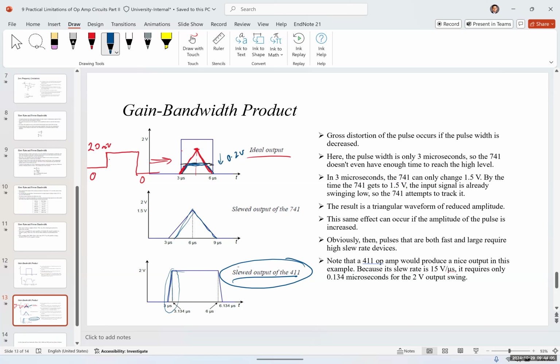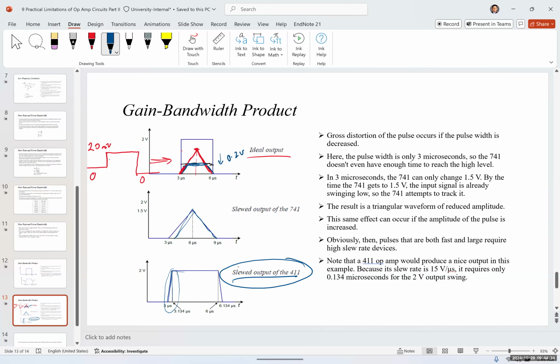So is this part clear? Yes. So slew rate, if you have a small slew rate, creates a problem if you have a high frequency input. In most cases, when you have an audio amplifier, where the frequency is around 20 kilohertz, it's not a big deal.